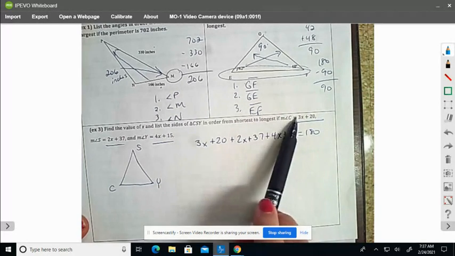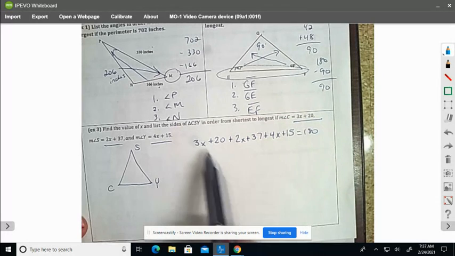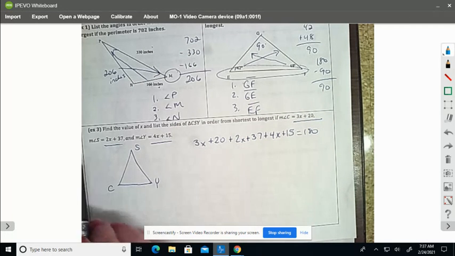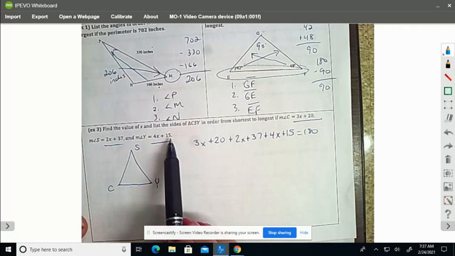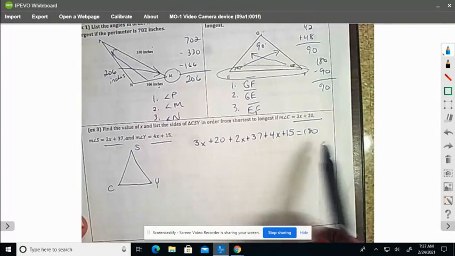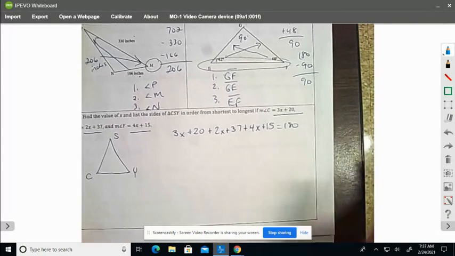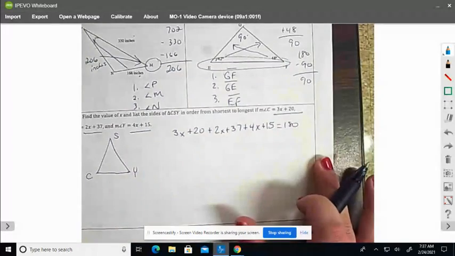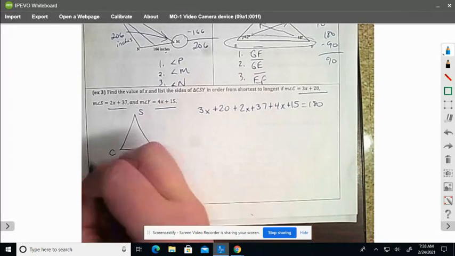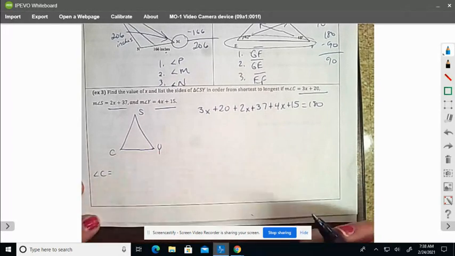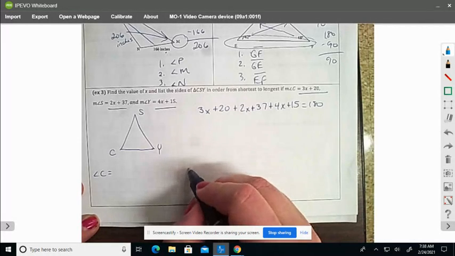So I added C, S, and Y right here: 3x plus 20 plus 2x plus 37 plus 4x plus 15, set equal to 180. Now I'm going to solve this so I can find x. Once I find x, I can find these angles.